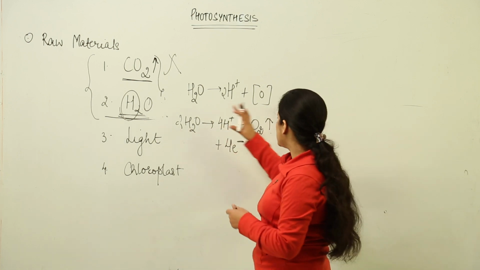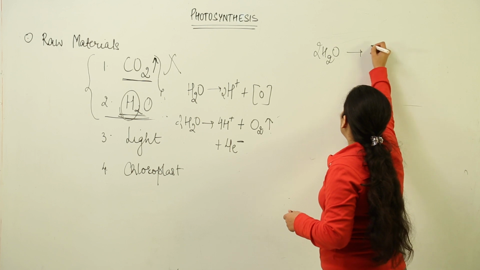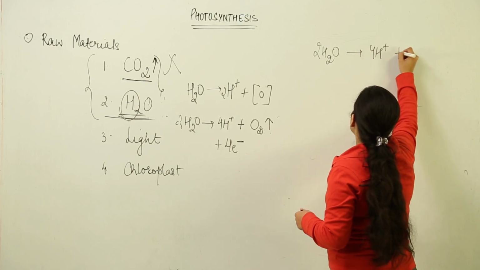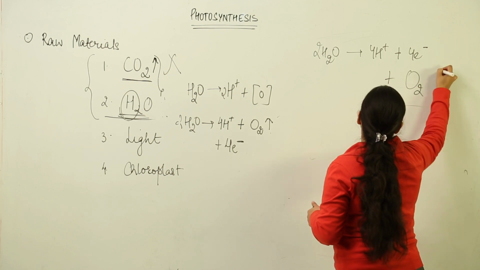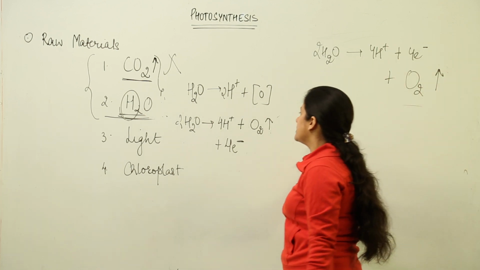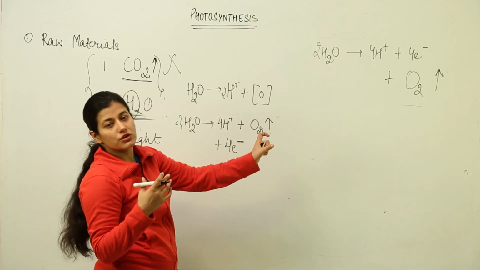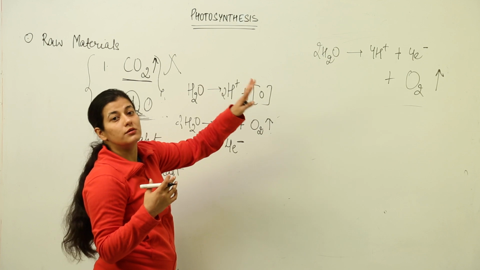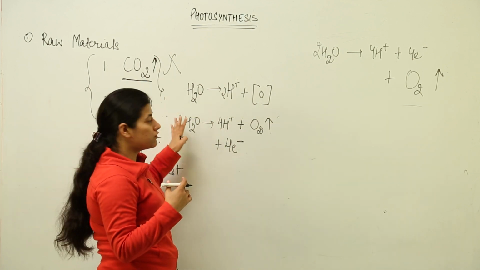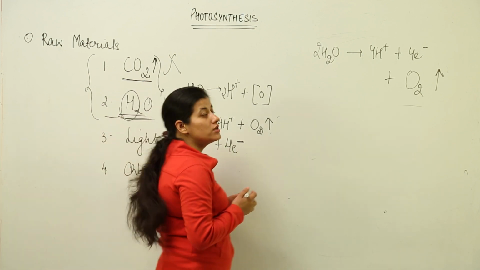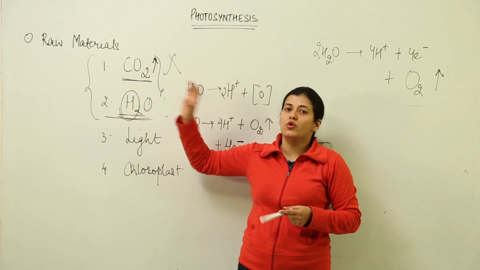So this is the equation I am going to write over here: the water molecules would break down to protons, they would break down to electrons of course, and the molecular oxygen would be liberated. And that's what we have dedicated this entire lesson to, that ultimately the liberation of oxygen is taking place from the water molecule. These two are the important raw materials for the process of photosynthesis. So this is all about these 2 raw materials.